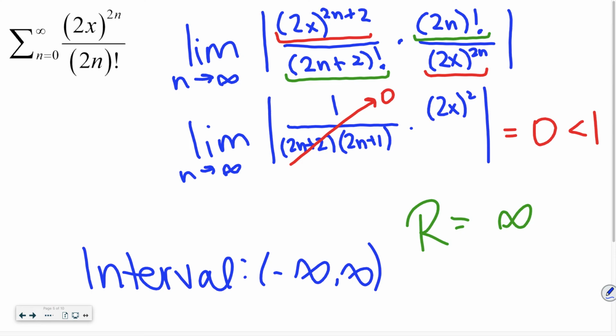When your ratio test gives you a number, more than likely 0, it's really always 0, and that's less than 1. It can't be negative infinity because it's an absolute value.